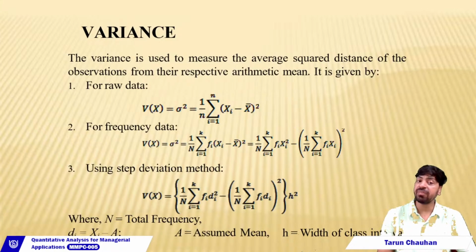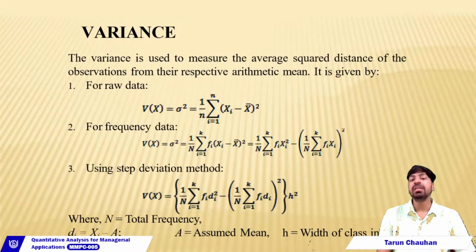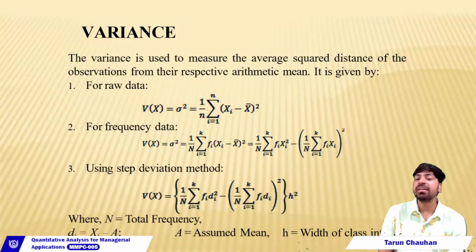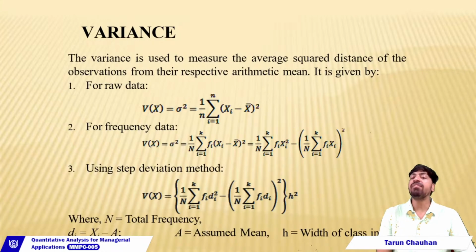In case of discrete and continuous series, it's sigma f x minus x bar whole square by n. The more advanced formula is sigma f x square by n minus sigma f x by n whole square. That's called variance.